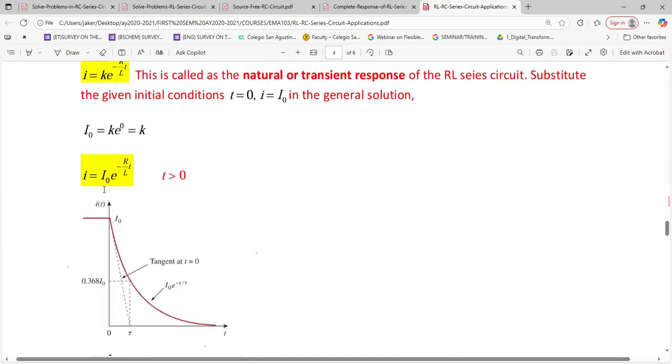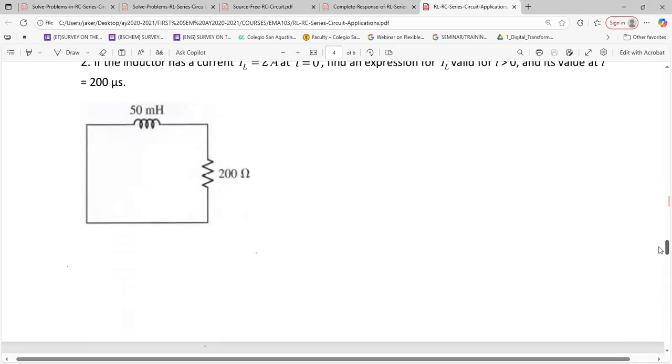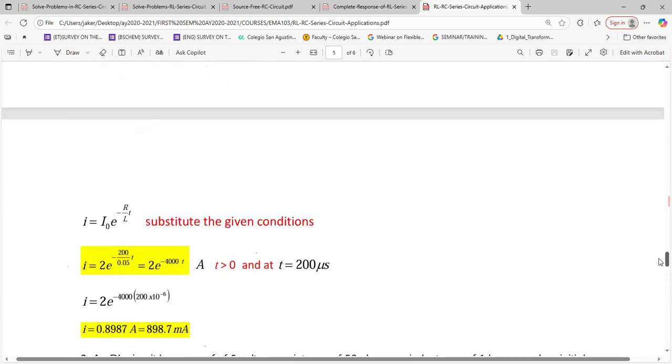Now, we go back to our formula. Remember, this is the formula that we already derived in number 1 for a source-free RL circuit. We go back to that because in number 2, it's still source-free. There's no power source in here. Electromotive force is 0. So now you have this as the formula. Then all we have to do is substitute the given values.